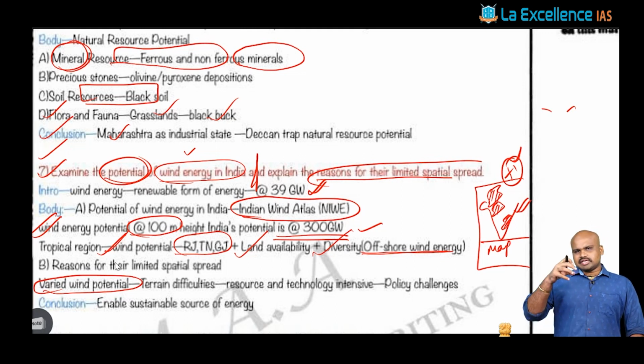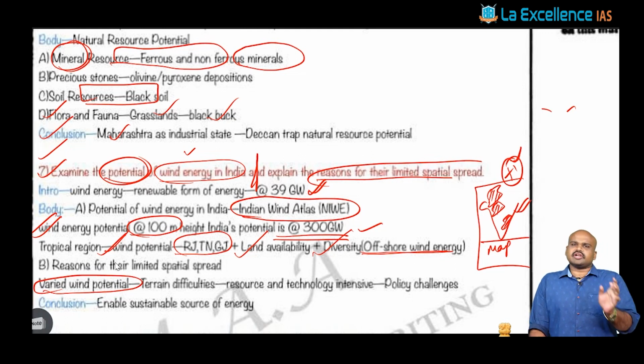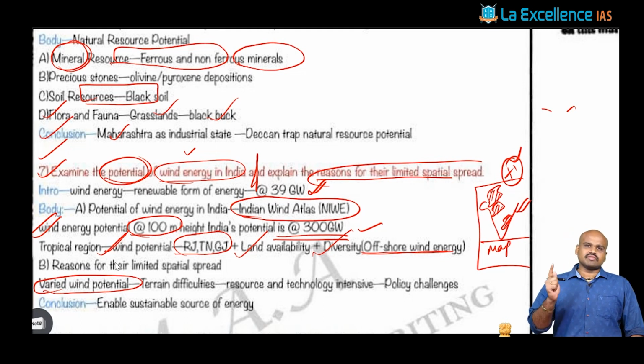Whatever is the nature of the pressure gradient force is going to determine the nature of the wind system, right? So there is an inherent correlation with respect to the temperature as well as the pressure gradient force. With that fundamental understanding of the core concept of the wind system, you will be able to know that there is a variation in the temperature occurring, and with that corresponding variation, there is a variation in the pressure also occurring.